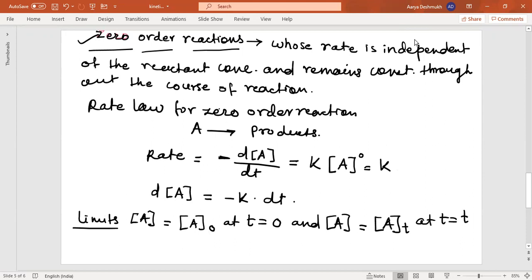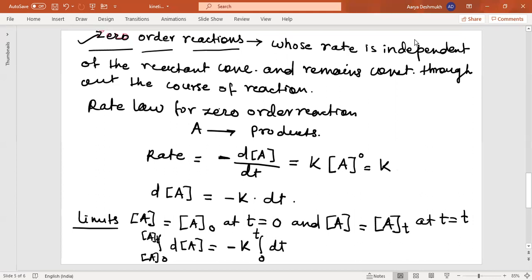So we can write this, integrating the equation between these limits, A0 and At. The proportionality constant should be outside the integration sign, and the time limit is from 0 to time t.